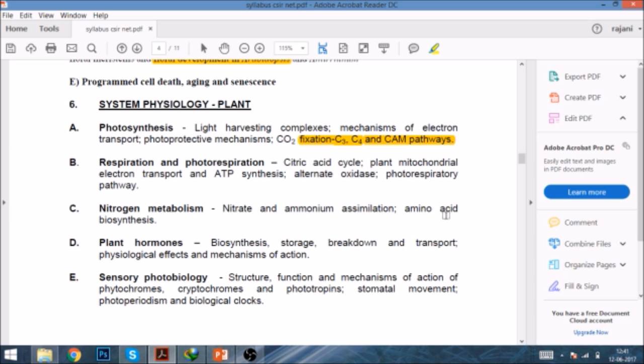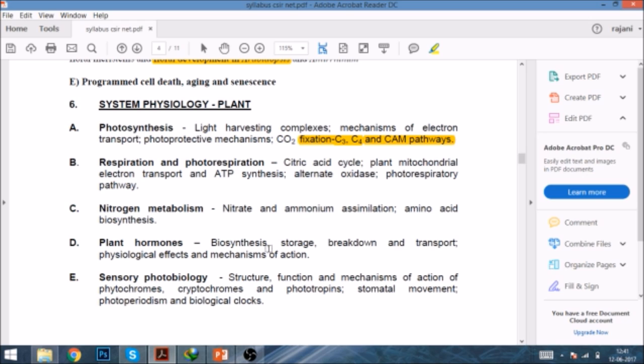So if you go through the charts and cycles, then that point will be in your mind and you can easily attempt. Because there is no twist in these questions from plant physiology as well as animal physiology, they are direct questions, so you can easily attempt such questions and you will not score negative. And another is plant hormones, also from the book by Taiz for plant physiology.